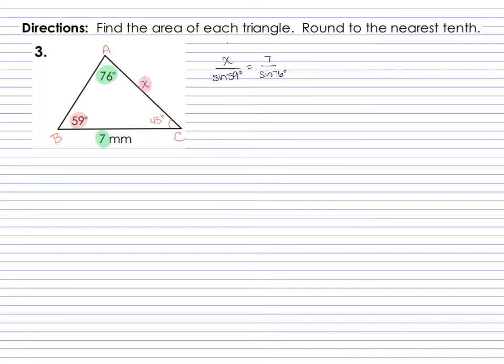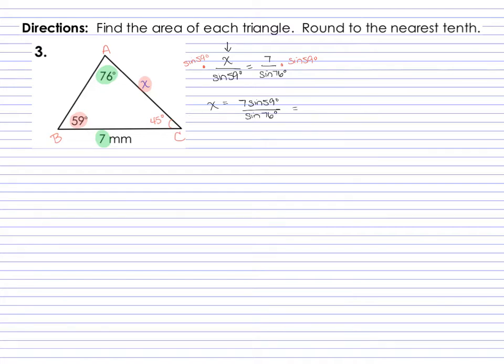This is just easier because we're trying to solve for that X value. So I can get it alone in one step by multiplying both sides by the sine of 59 degrees, leaving me with X is equal to 7 sine of 59 degrees divided by the sine of 76 degrees.